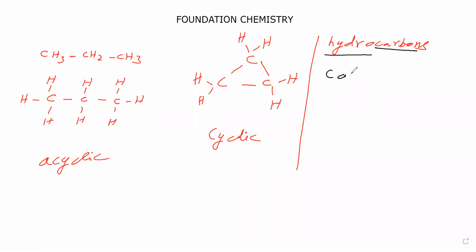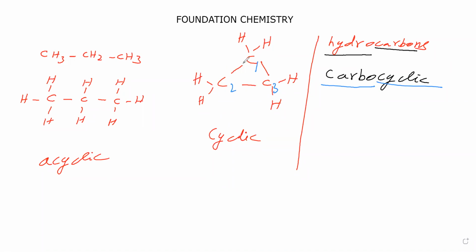Such a type of compounds are called carbocyclic. Carbo means carbon. Cyclic, which is making a cycle. Carbon atoms making a cycle. See that here in this one, first carbon is linking with second carbon, linking with third carbon, linking back to first carbon.